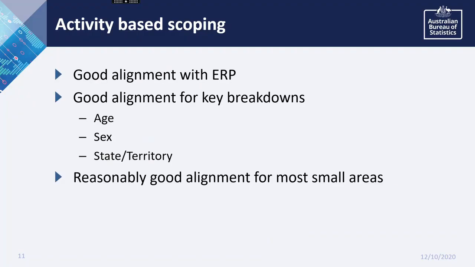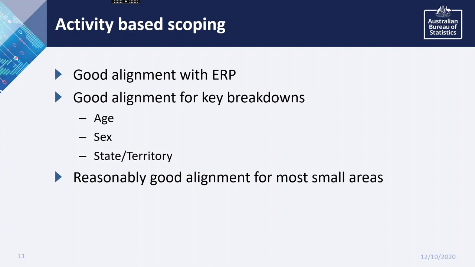So as I said, using the activity-based scoping approach, we find that we have good alignments to ERP, and this alignment holds true for some of the key breakdowns we're interested in, like age, sex, and state and territory. We're also finding that this alignment is still reasonably good at most small areas, so generally within a few percentage difference from ERP.